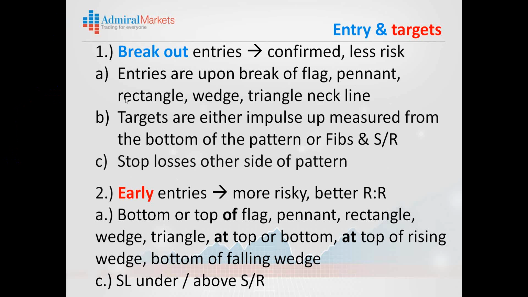So those are breakouts, but you can in fact add pullbacks and continuations. You could also try, for example, in a contracting wedge, if you have an impulse like this and a triangle like that, and the triangle bounces at the top, at the bottom, at the top, at the bottom.